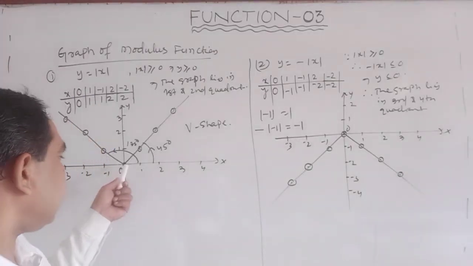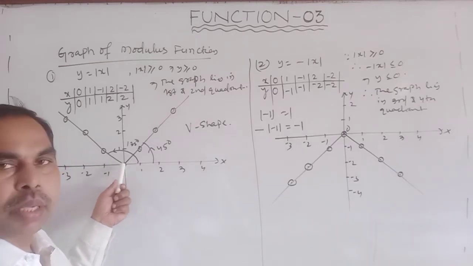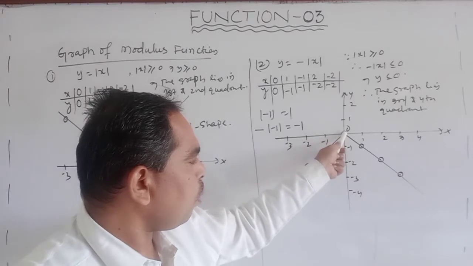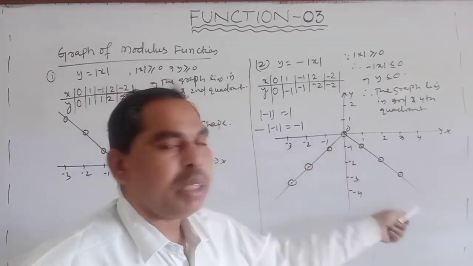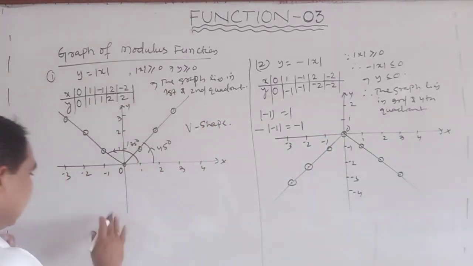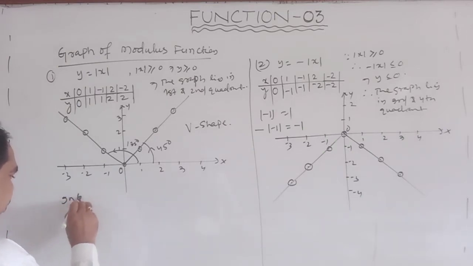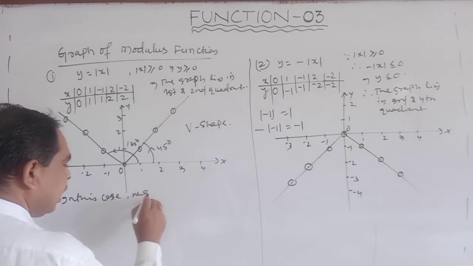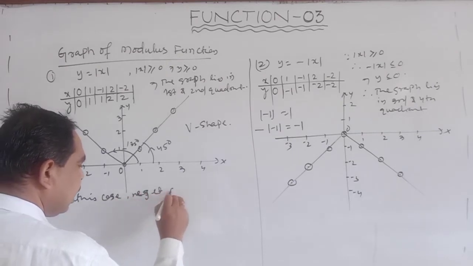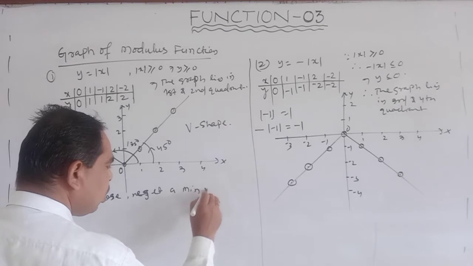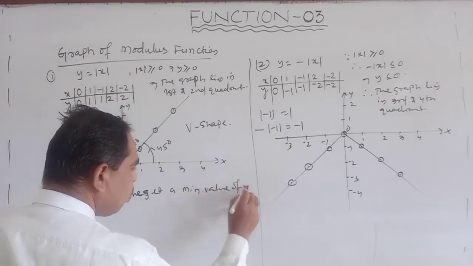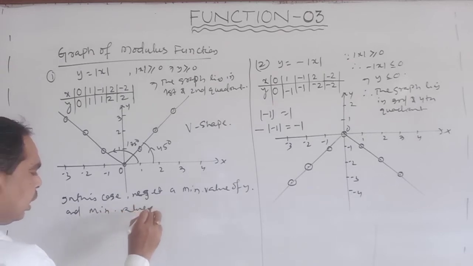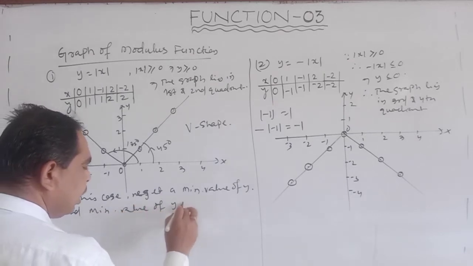In this case we have a minimum value. In the other case we have a maximum value. So in this case we get a minimum value of y, and the minimum value of y is 0.